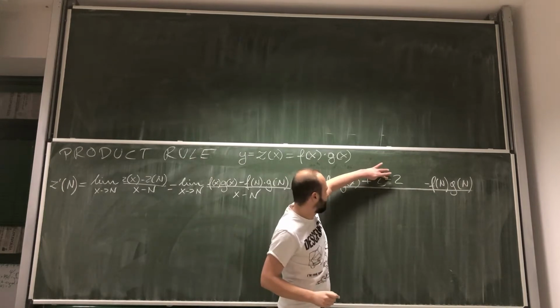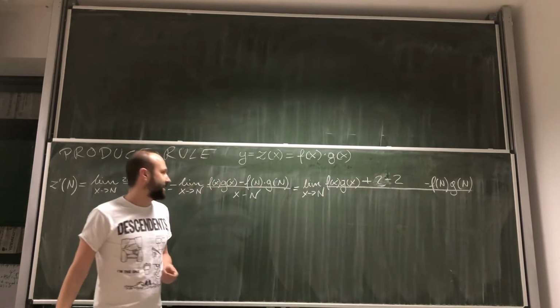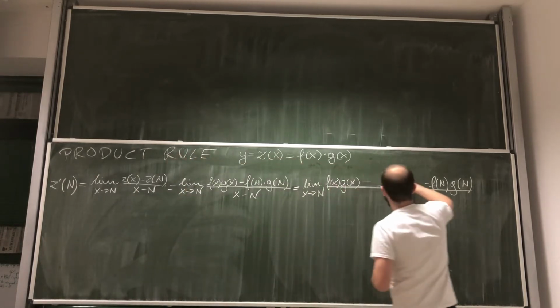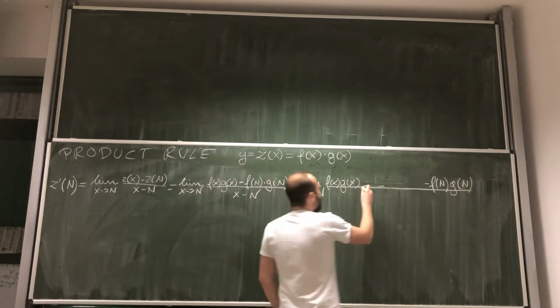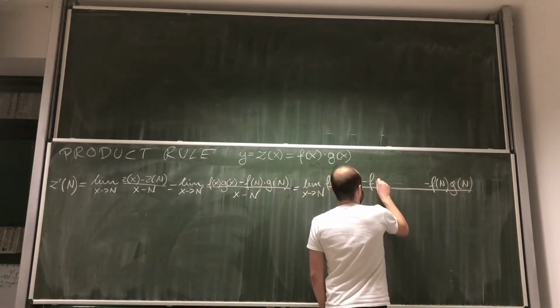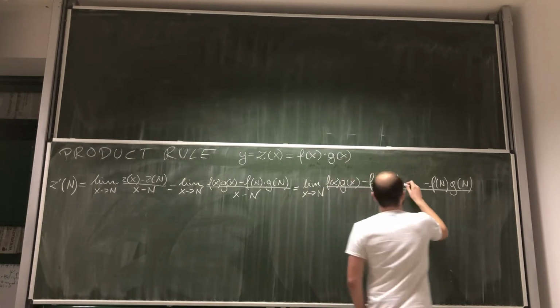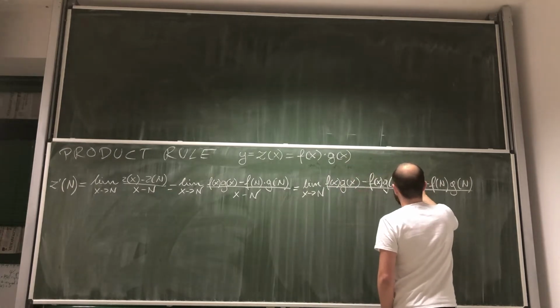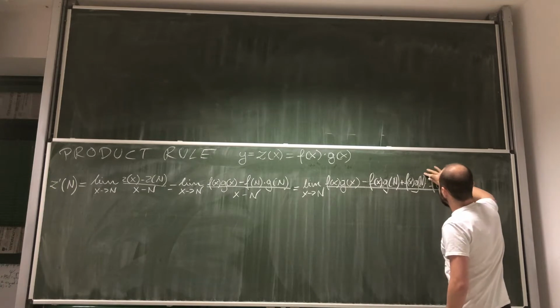is 0, right? So let's use the trick like that, and let's put over here an expression: minus f of x g of n plus f of x g of n. Right?